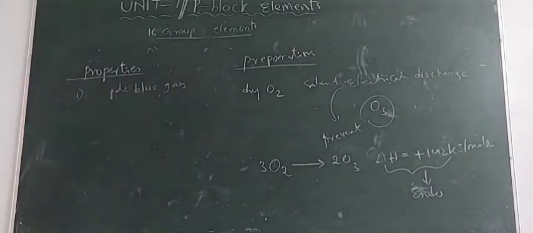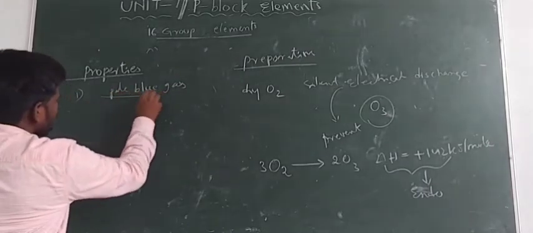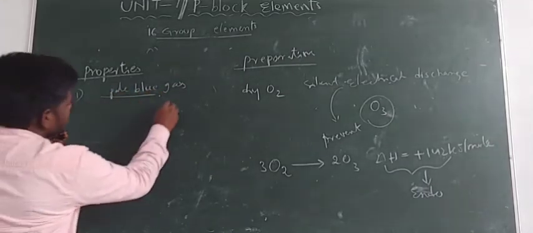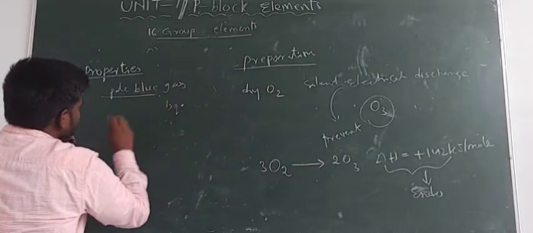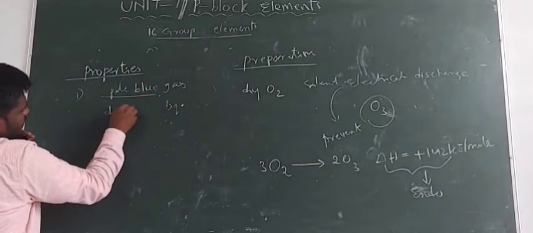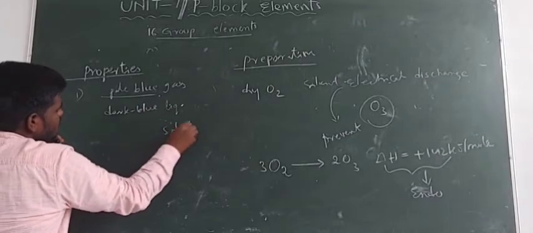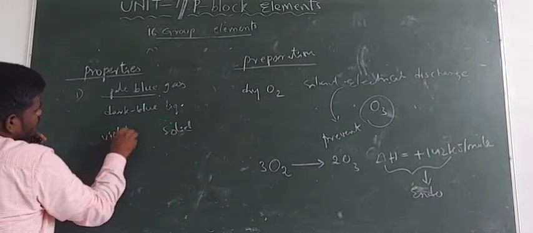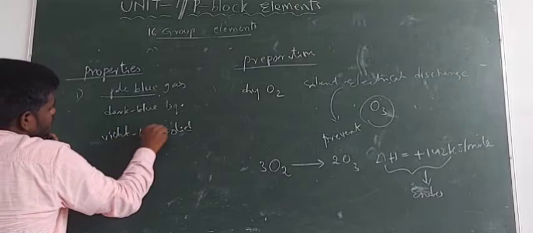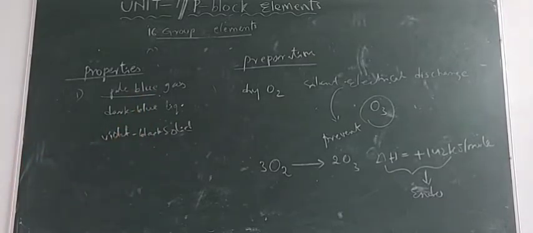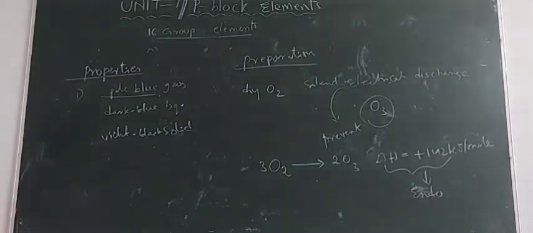When it is in the gaseous state, the color of the ozone is pale blue. When it is in the liquid state, it is dark blue in color. And when it is in the solid state, it is violet black in color. So these are the various colors of the ozone in different physical states.